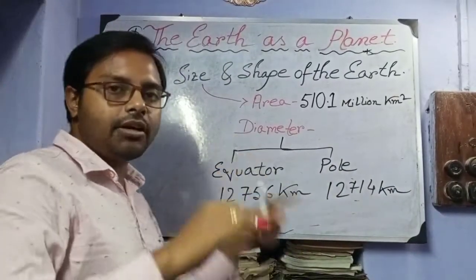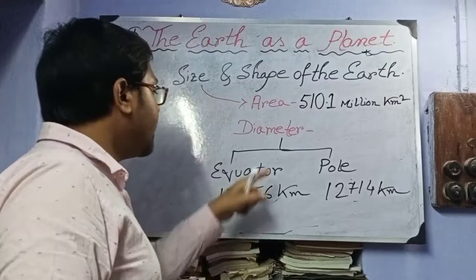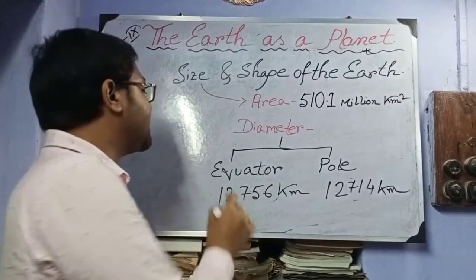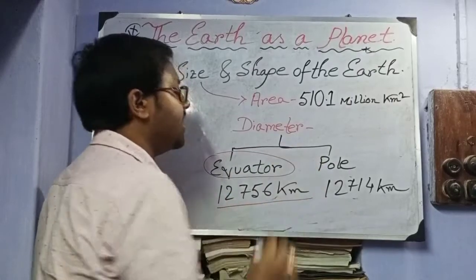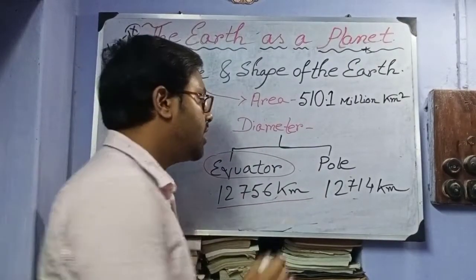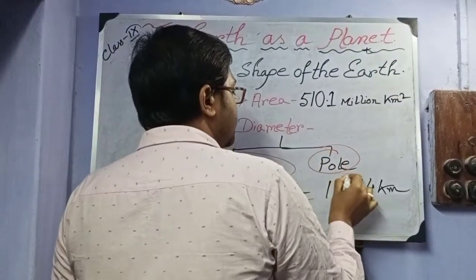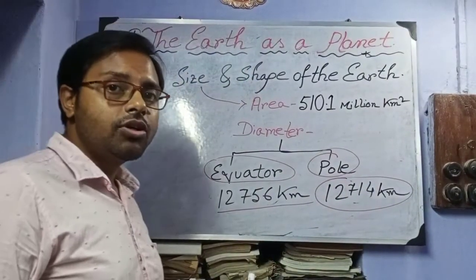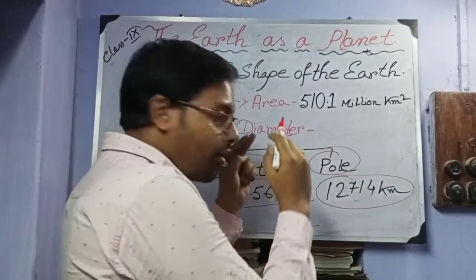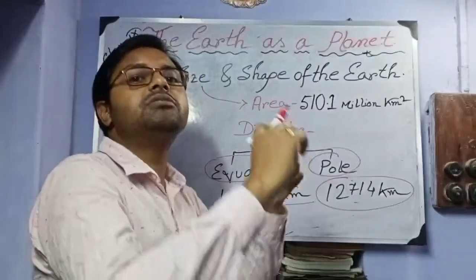And its diameter: at the equator, the diameter is 12,756 kilometers, and at the pole 12,714 kilometers. That means from the pole towards the equator, it becomes bulgy.